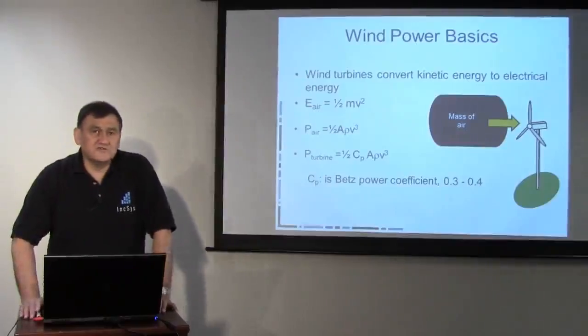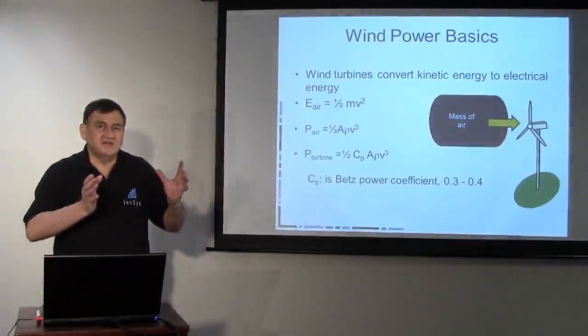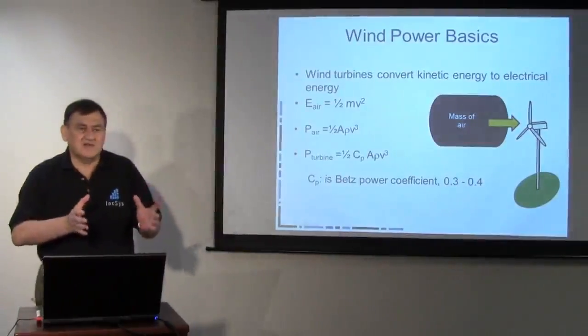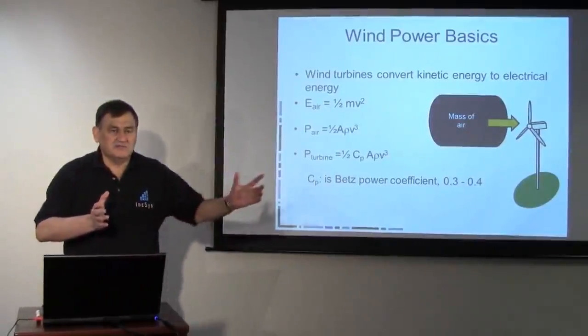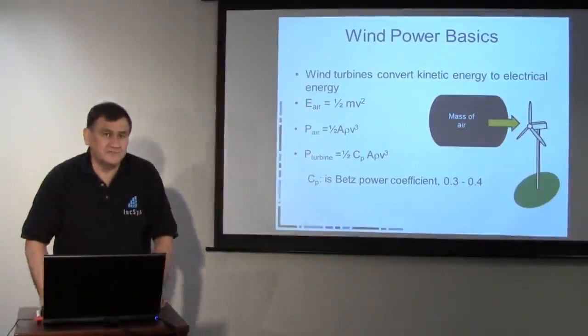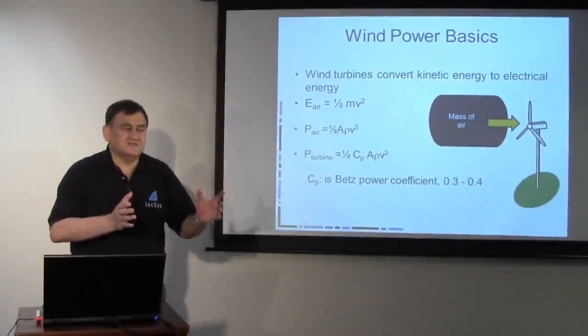So the equation for generation of wind is that we take the kinetic energy of the air, which is 1/2 the mass times the velocity squared, and from that energy, based upon the energy that is passing by the blades, we develop the power equation. The rate of that energy passing the blades is a function of the speed of that mass of air.